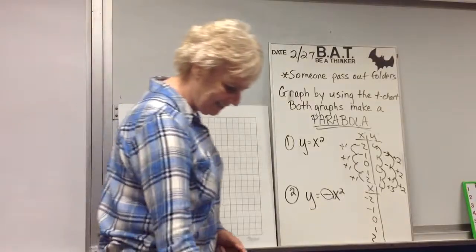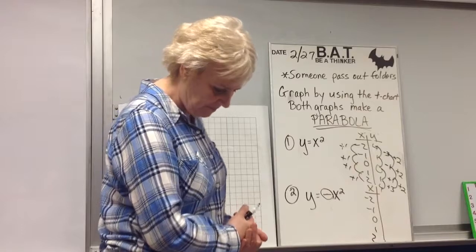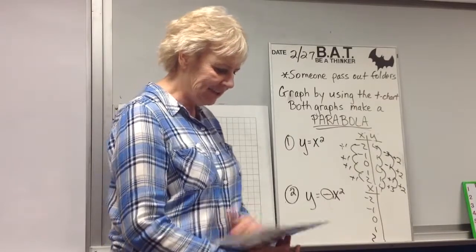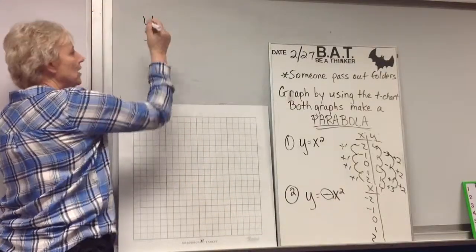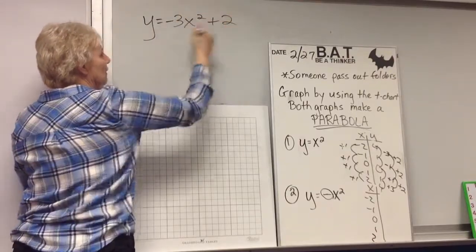I think I got everything I wanted you to know. Okay, parabola, axis of symmetry. All right, so let's just graph one to make sure you know how to do the math. You don't have to graph, you just need to tell me what numbers to put.